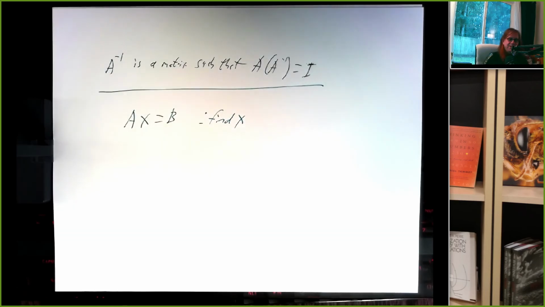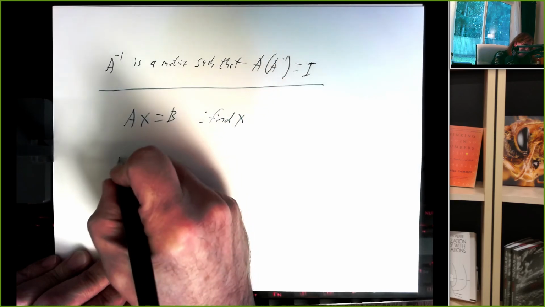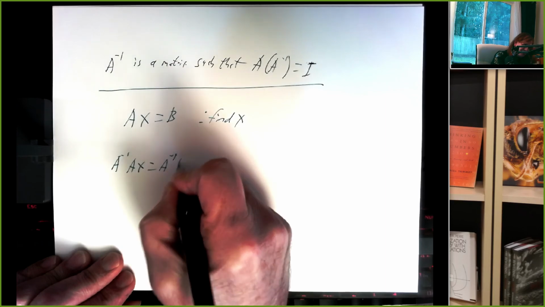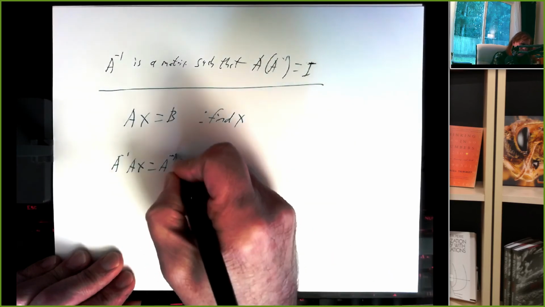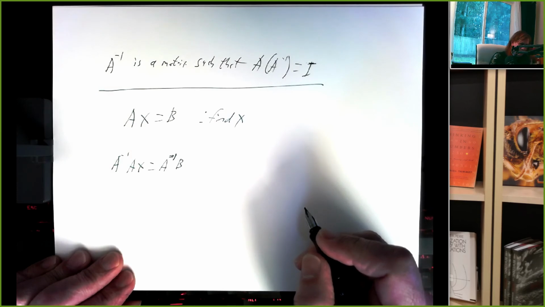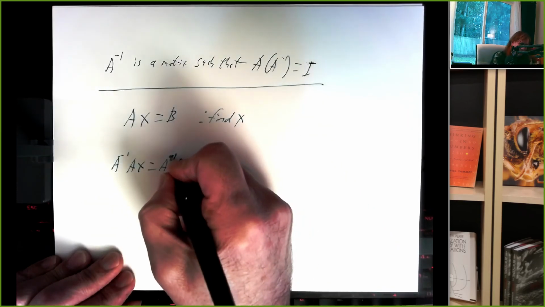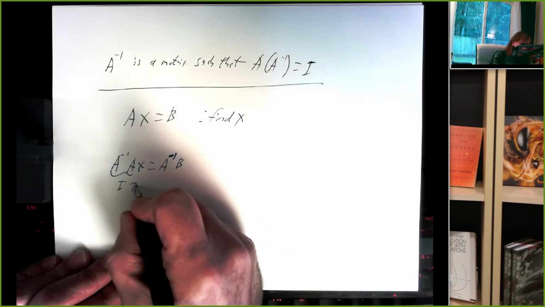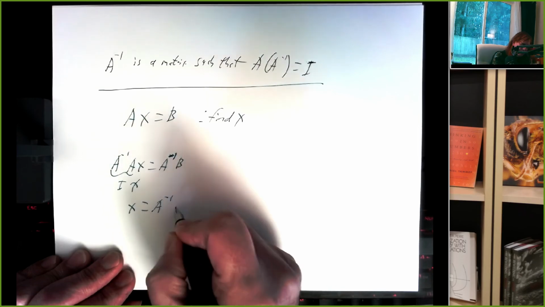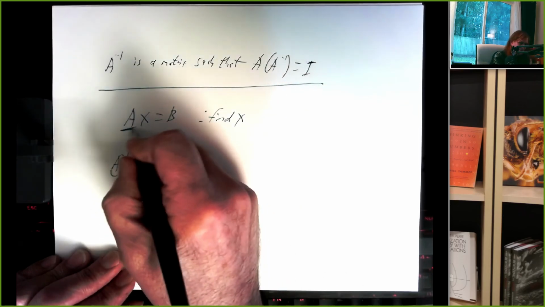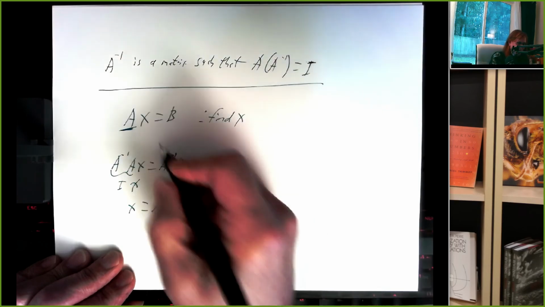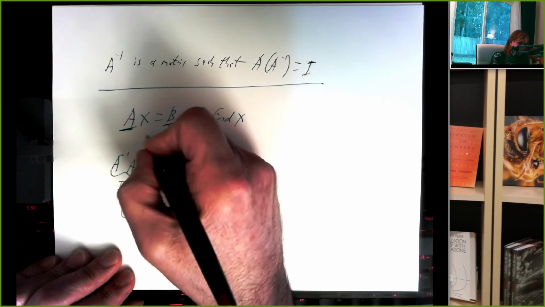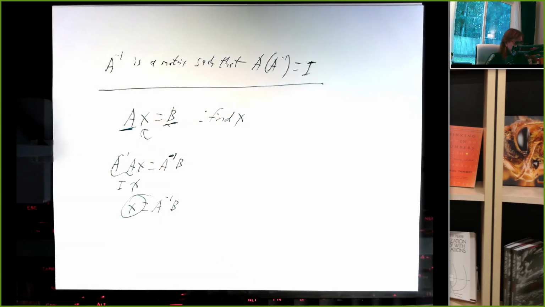Well, if we can find the inverse of A, we could do A inverse times AX equals A inverse times B. This is the symbol for the inverse of A. A inverse times A is just the identity, and the identity times X is just X. So if we could find the inverse of this matrix of coefficients and multiply by this matrix of right-hand sides, we would magically end up with this matrix X that was the solution to our simultaneous equations.